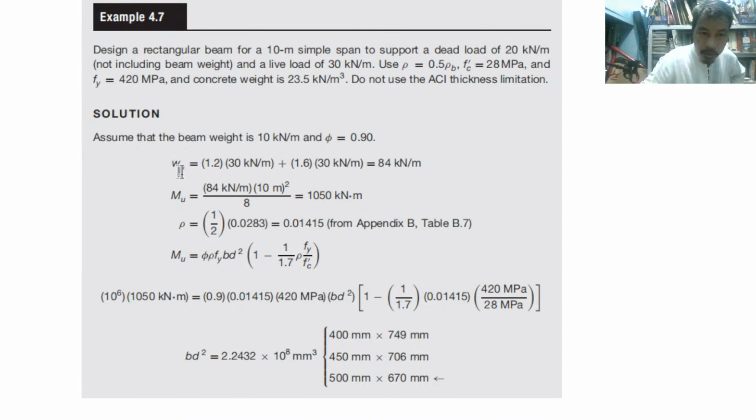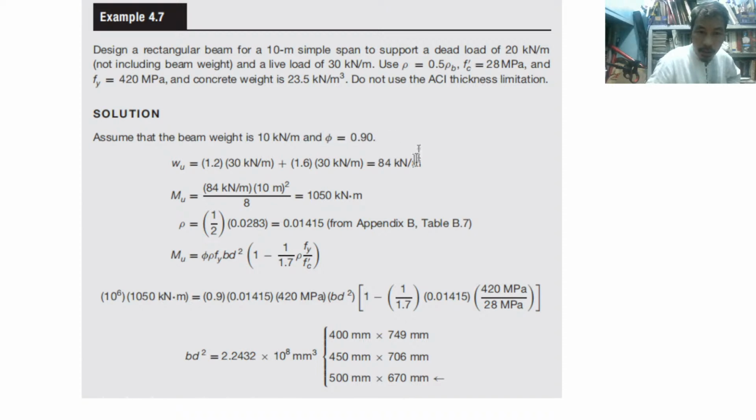Let us find out. So uniform load, 1.2 times 30 plus 1.6 times 30. What can you say about this? We use the beam self weight, because the dead load is only 20, so plus 10, it is 30.